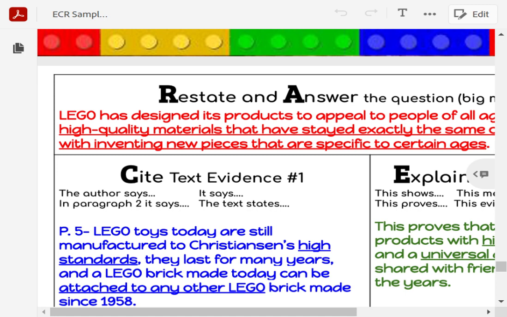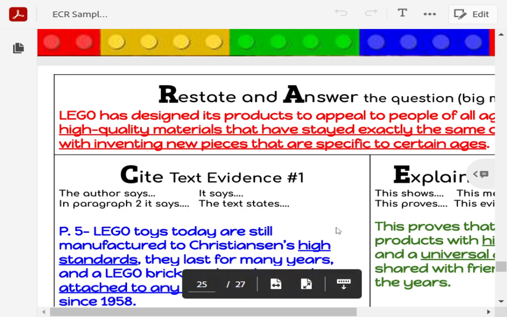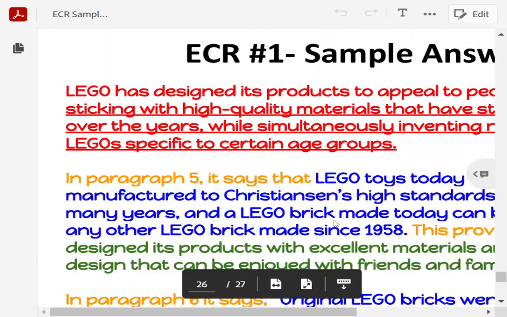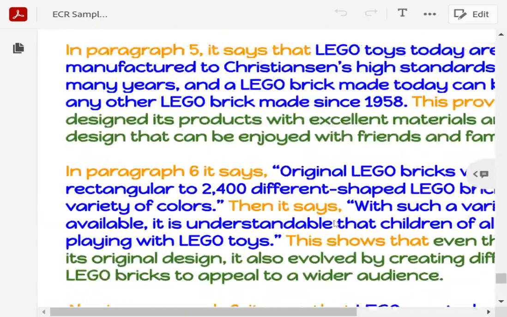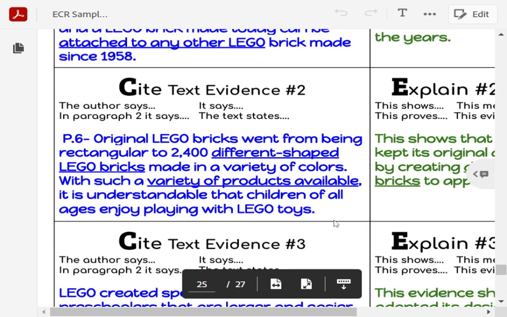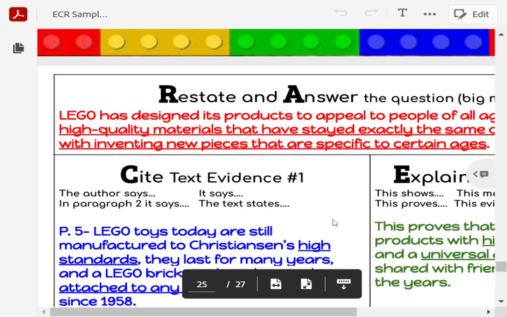So the very first step, and the reason I'm making this video, is because when you are showing your students the model of the essay, and you're showing them this planner that's completely filled out, and then you're showing them the final copy, it might help to know the thought process behind it.